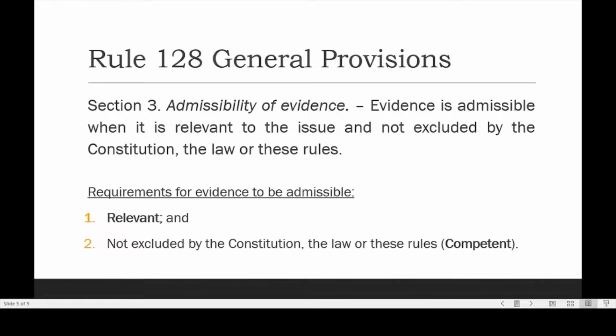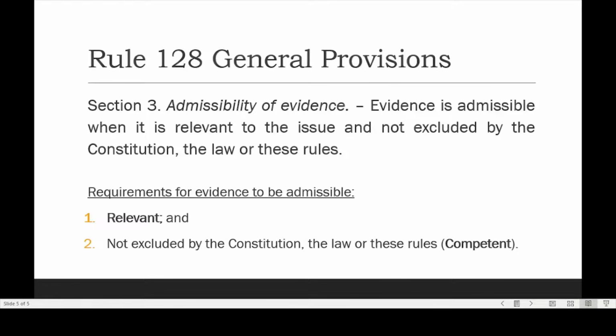Now let us proceed to section 3. Now this is perhaps one of the most general concepts that we must remember regarding the admissibility of evidence. Evidence is admissible when it is relevant to the issue and not excluded by the Constitution, the law, or these rules.